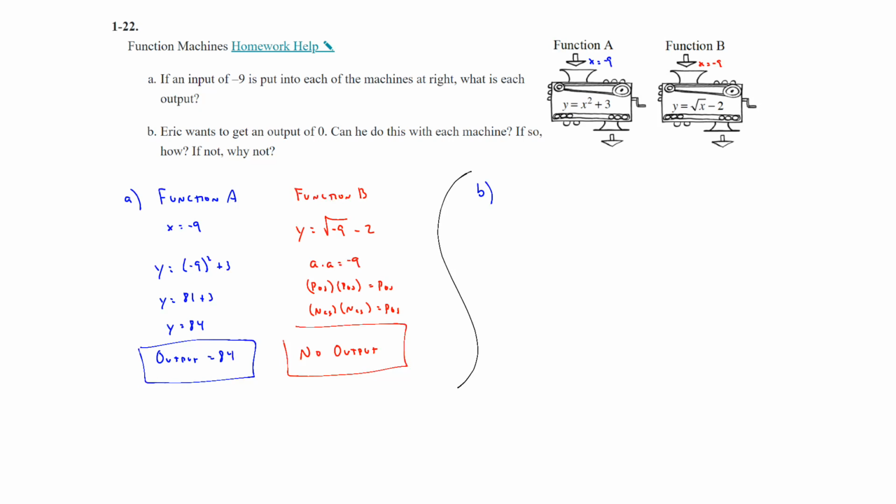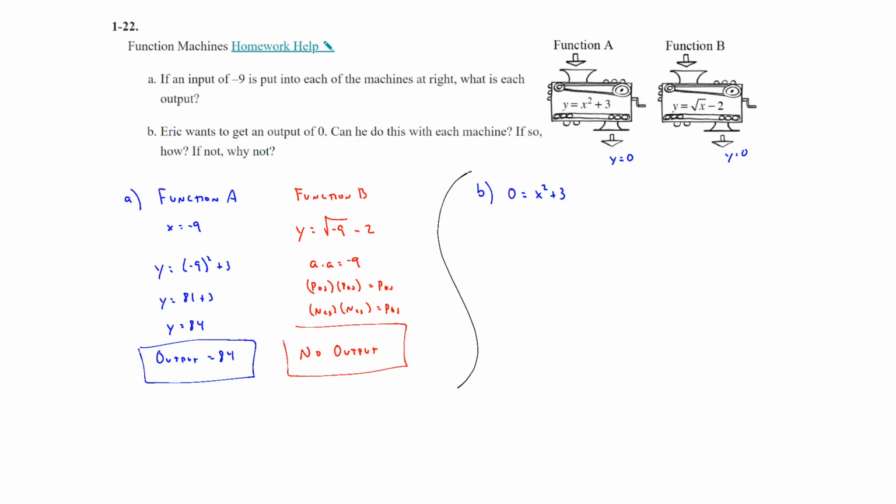So now what we're looking at is we don't know what the input is. We want the output to be 0 for each of these. Okay, so let's kind of work backwards then. If y is equal to x squared plus 3, why don't we replace the y with 0 and say 0 is equal to x squared plus 3. So is there a value for x that would allow us to get 0 as an output?